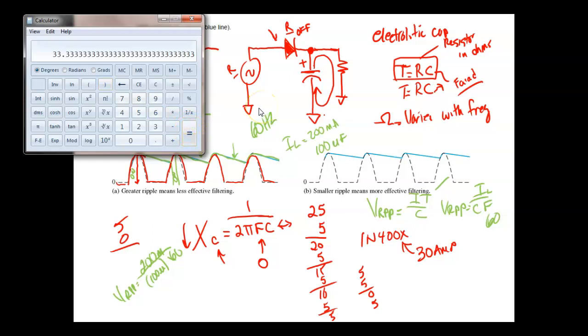Something's wrong. Ain't no way in the world that's going to be 33 volts. What did I do wrong? Huh? 60. You probably need to use a bigger capacitor.